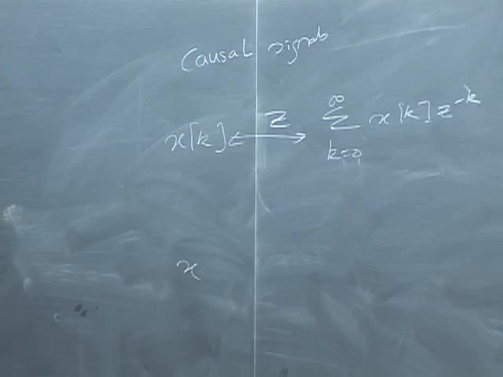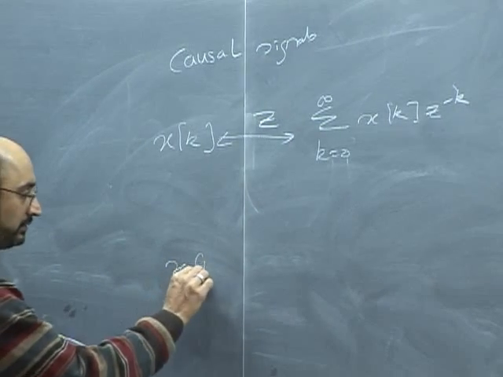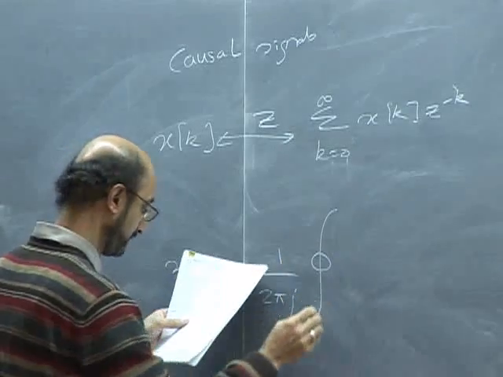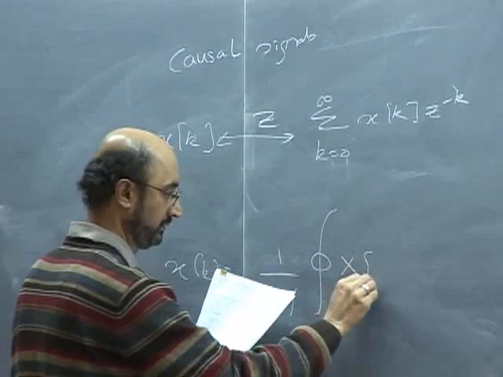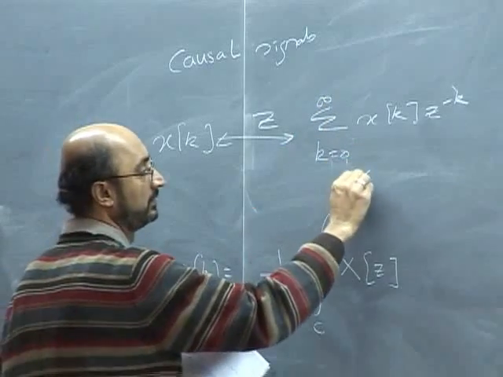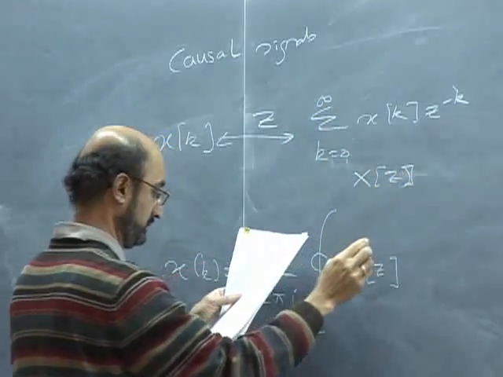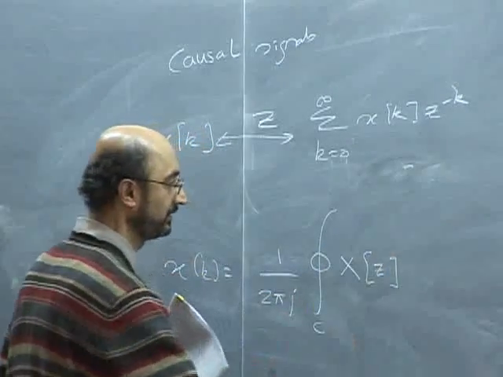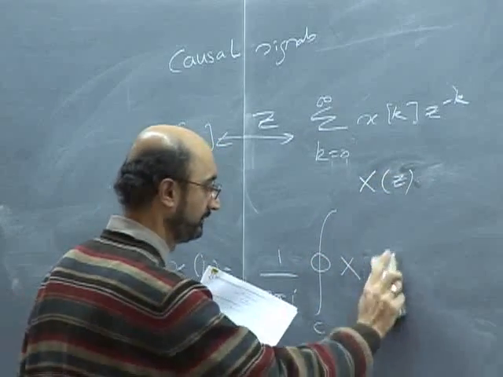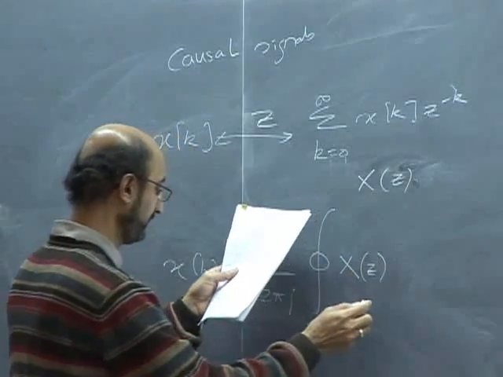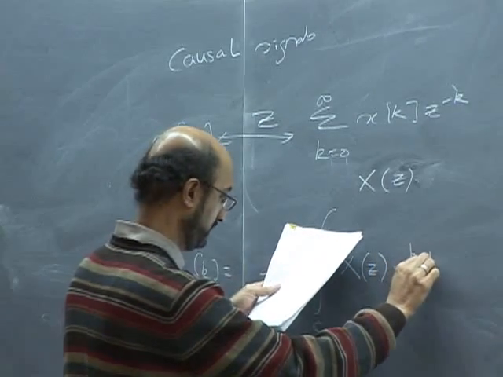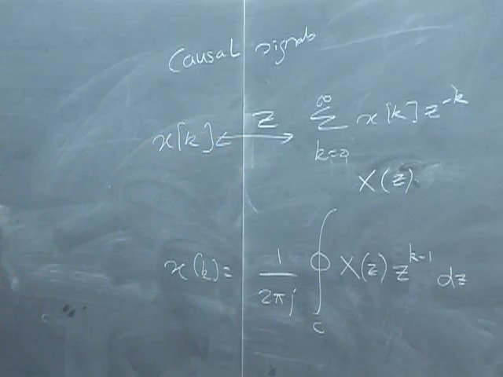So x[k] is given by 1 over 2 pi j times a circular integral of X(z) z to the k minus 1 dz. Be careful about the braces: X(z) is not in square brackets.